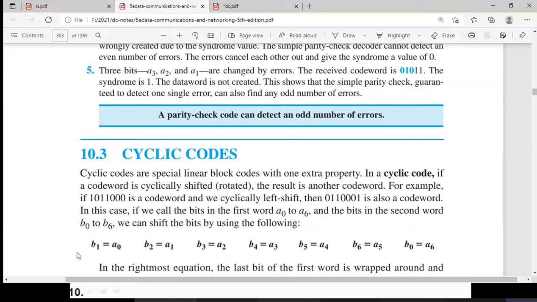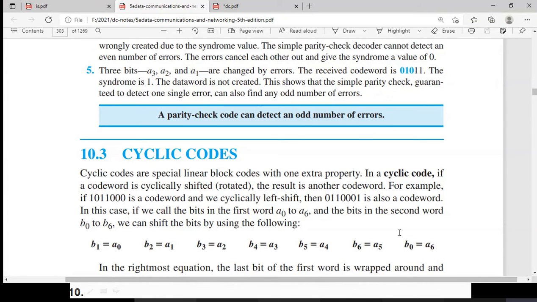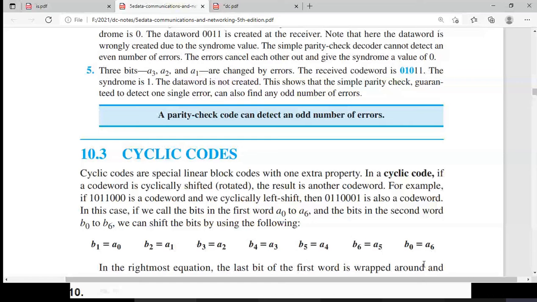That means b0 is just shifted back. Whenever you do this process, it is going to create a valid code word. There is an example also; you can just go through that example.